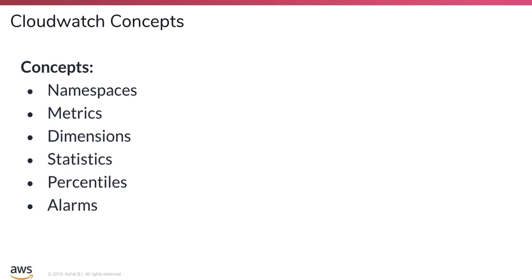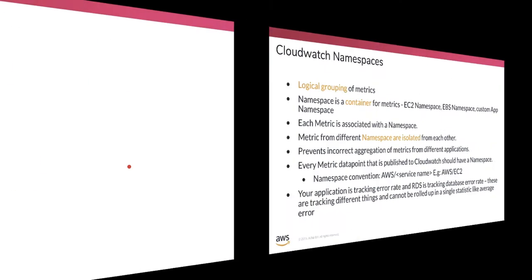Dimensions give you a defined group of metric data. Statistics are what we get from a combination of metrics, and percentiles are also identified using statistics. Let's understand each one of them.